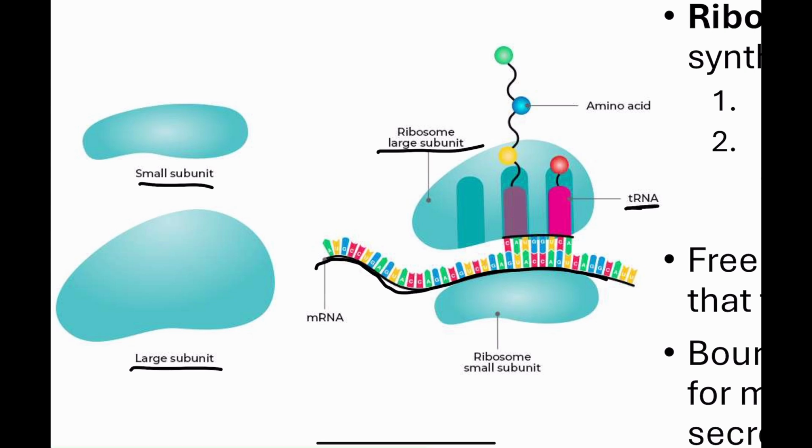This transfer RNA is going to read the mRNA sequence, and it's going to bring the correct amino acids to the growing polypeptide chain. And these amino acids are going to link through peptide bonds. And when they link, that's when we get the forming of a polypeptide chain. This process is known as translation. Translation is the conversion of genetic information into proteins.